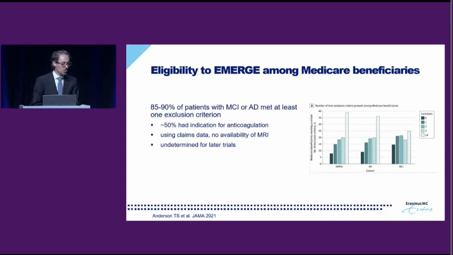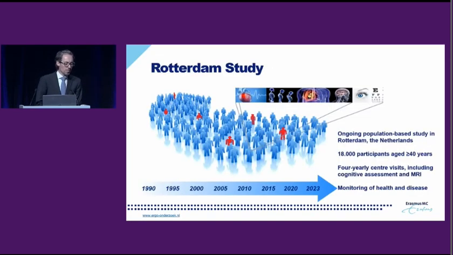So the authors acknowledge that they make use of claims data and no availability of MRI, which makes it difficult to appreciate to which extent it's related to cerebrovascular disease, and it's undetermined for later trials. So we try to build on that by looking at this in the Rotterdam Study population, which is an ongoing population-based study here in the Netherlands, with around 18,000 participants and 4-yearly center visits, for which we also acquire brain MRI and cognitive testing.